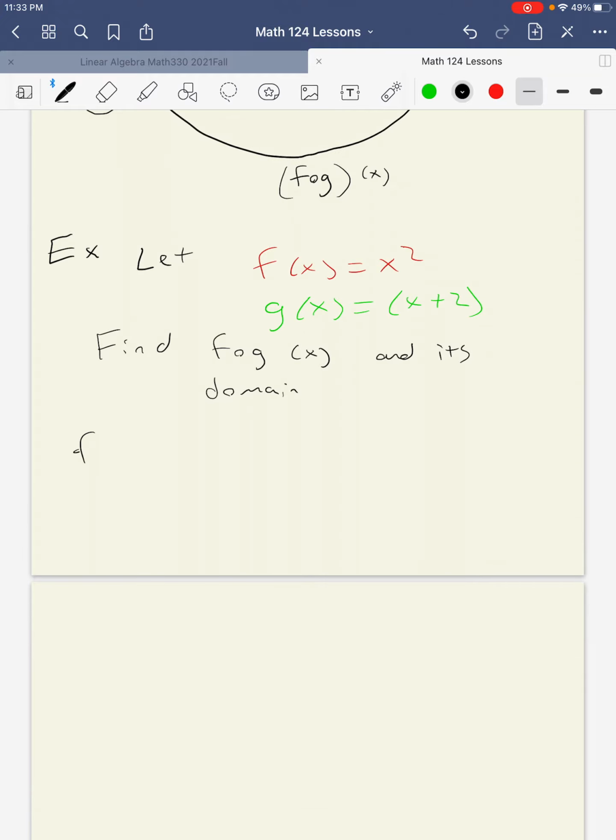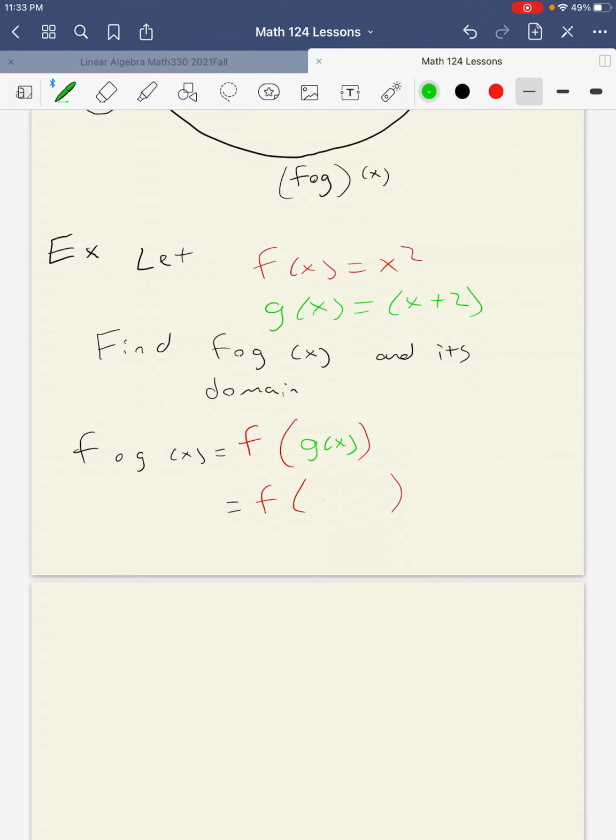Okay? So by definition, f of g of x just means we take f and we plug into it g. Right, so f is the outer function, g is the inner function.